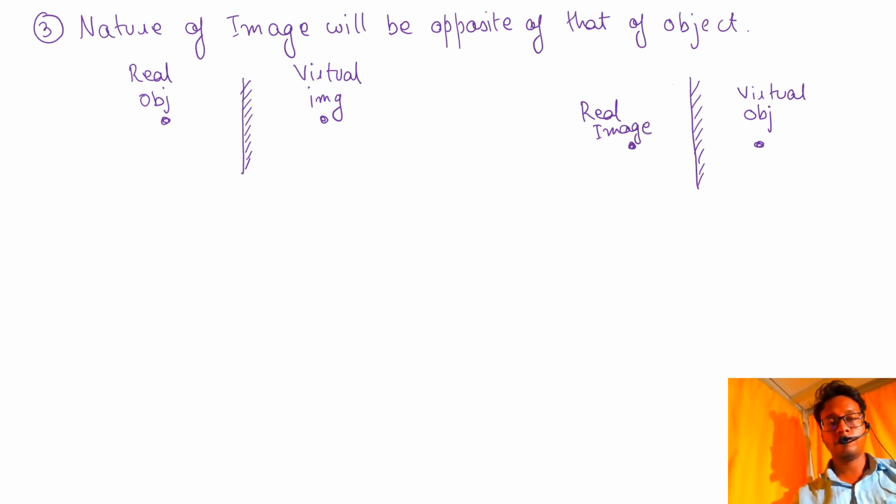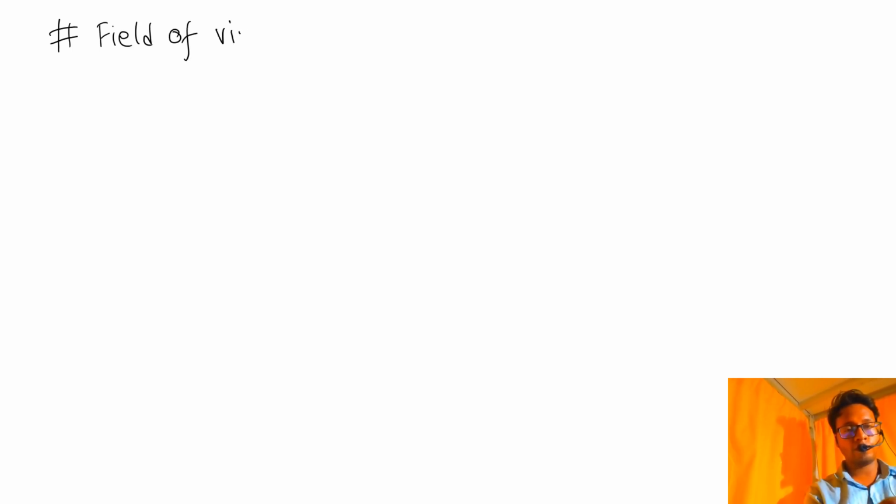Understood this one? Yeah. Now what we're going to study is field of view. What exactly are we going to study in field of view? Suppose there is a mirror out here, and there is an object out here. Is this object real or virtual?